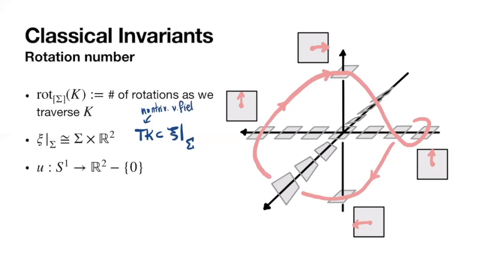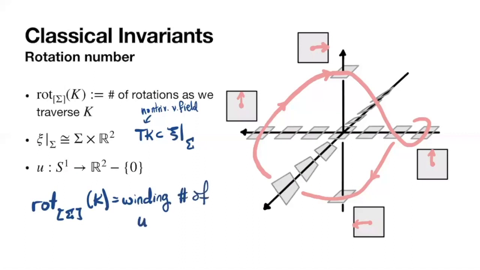So it gives rise to a map that I'll call U, from the circle S1 to R2 minus the origin. And the rotation number with respect to this sigma is just the winding number of this map U. Let's think about it in this picture.